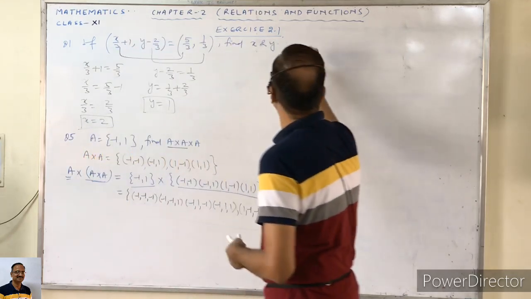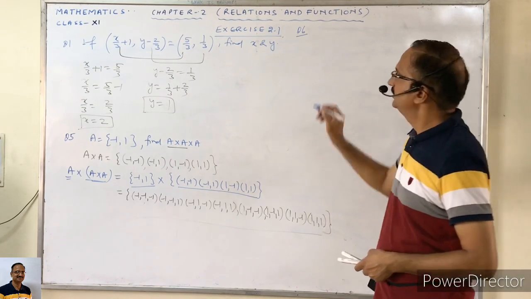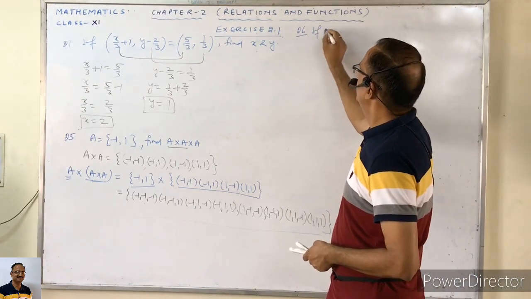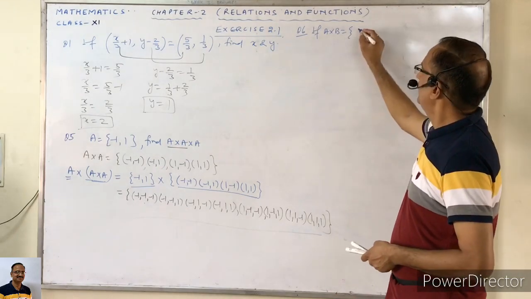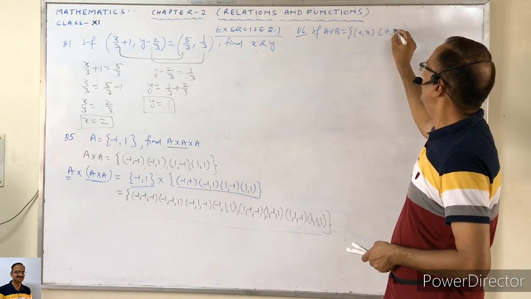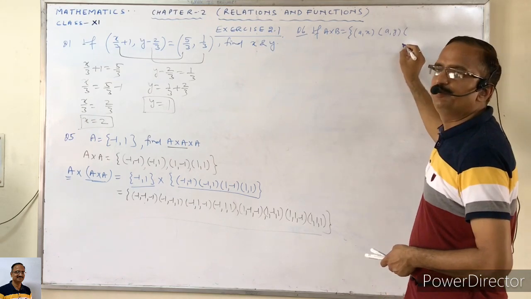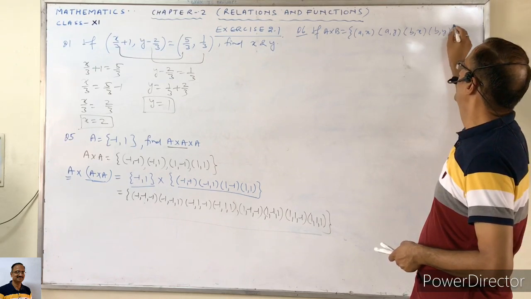Now come to question number 6. In question number 6 we have, if A cross B equals AX, then AY, then BX, then BY.